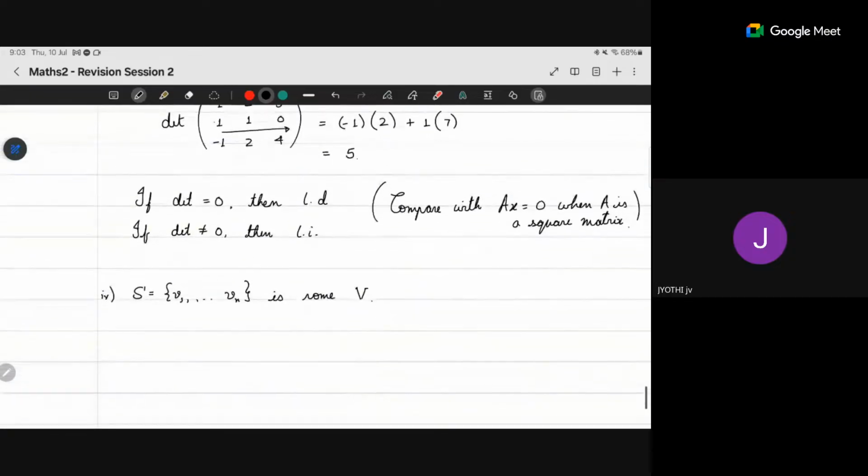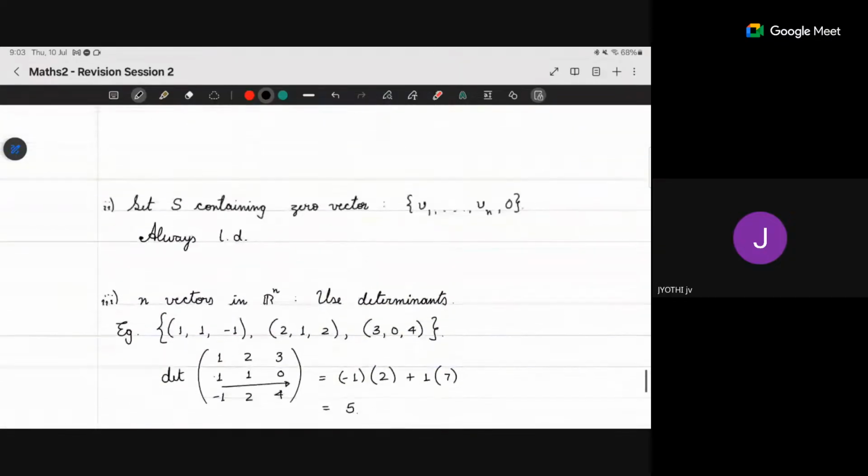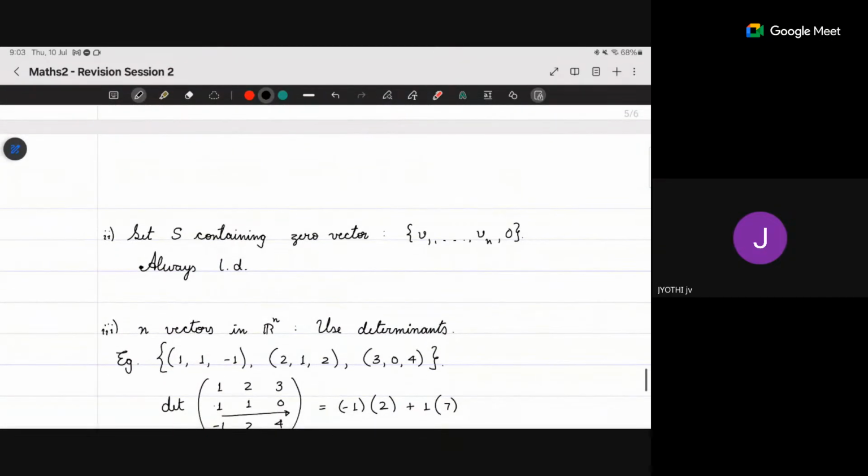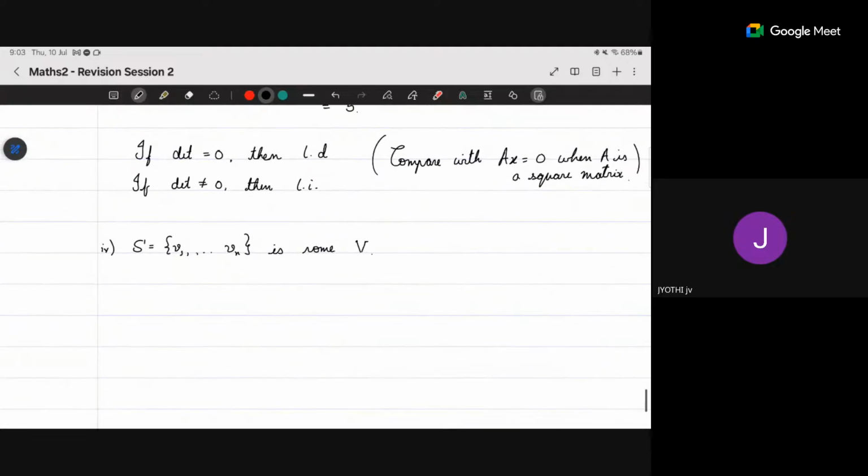I'm not assuming the number of vectors is the same as the dimension. There might be more than 2. This is the most general case. So in this case, what you do is construct the matrix with the vi as columns.